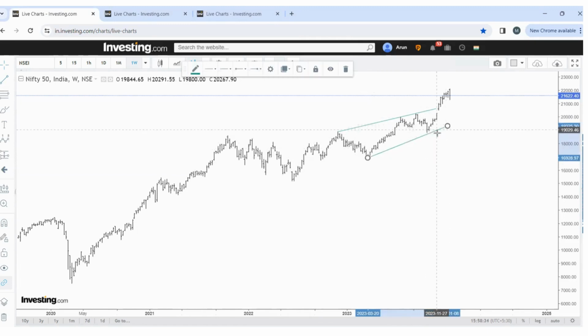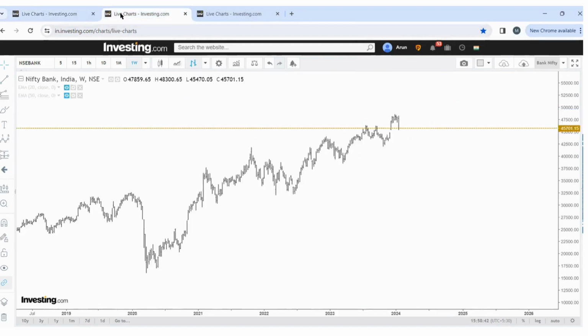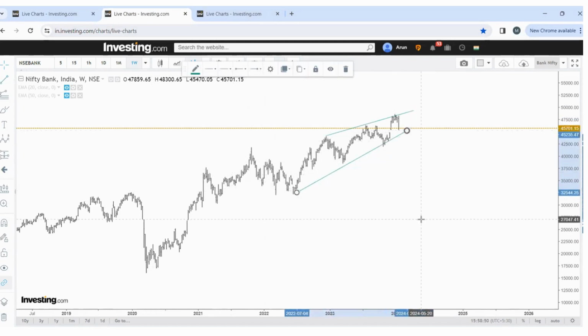I expected Nifty to turn down, but it made a breakout and moved higher. But if you see, Bank Nifty is still in that same pattern. This is what I analyzed in October. So this is not giving a bullish view yet, and that is where I am getting the deviation.